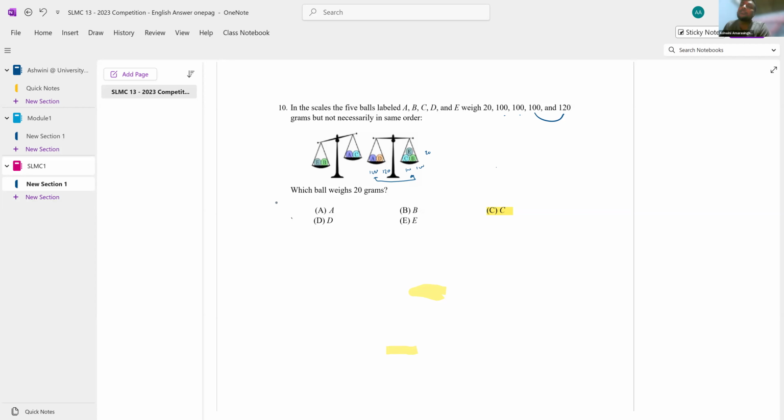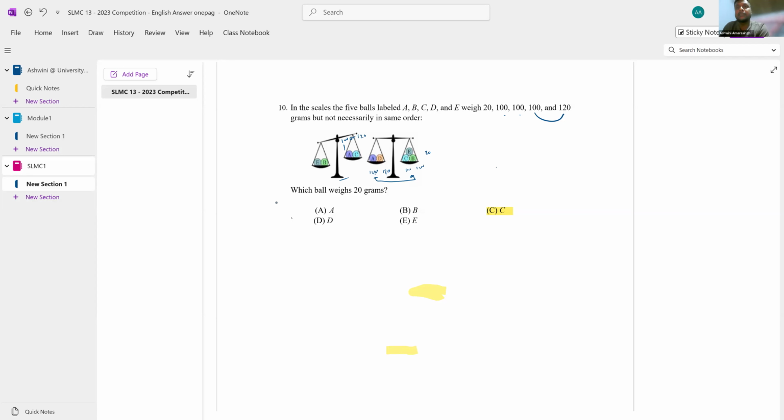Now moving on to this one, I can see that E plus B is bigger than A plus C. Now, also I can see that A is either 100 or 120. So the choices of A are 100 or 120.